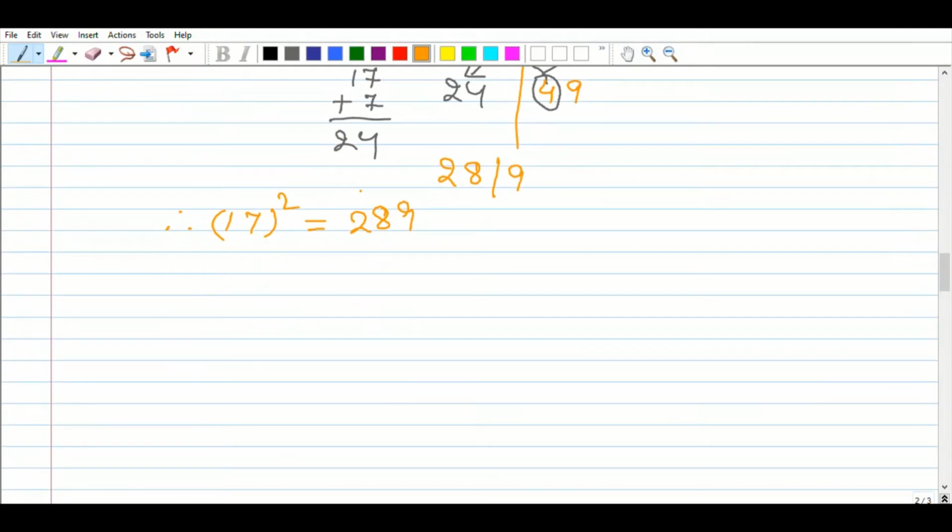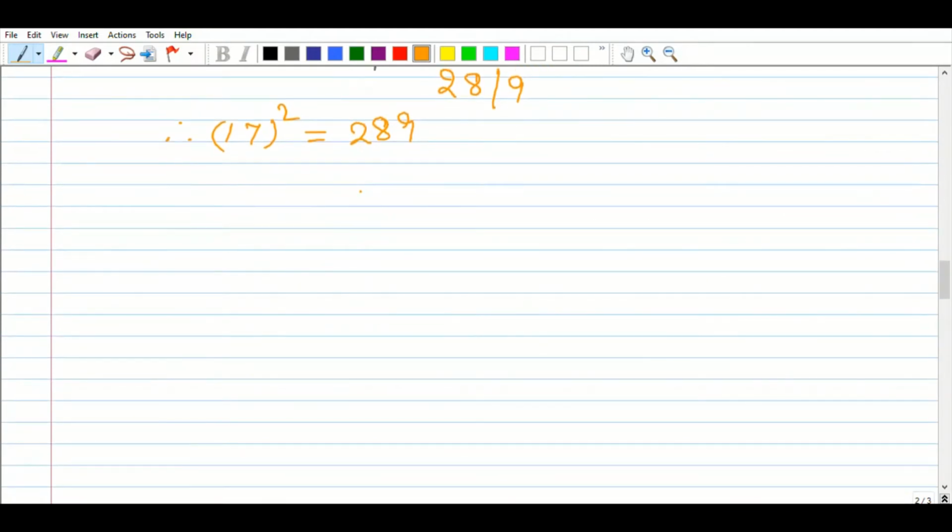It is for base 10. Now take base as 100. For this, suppose find the square of 97.